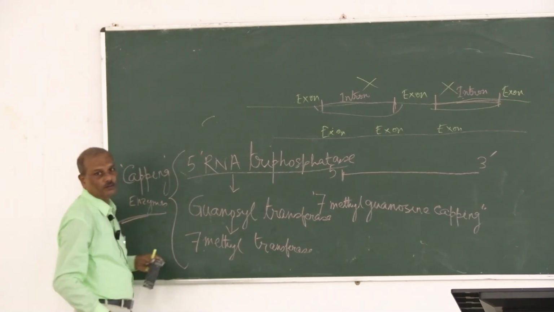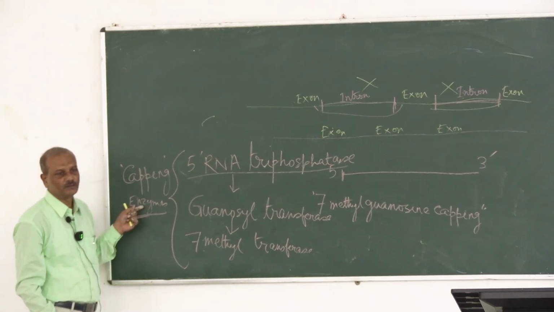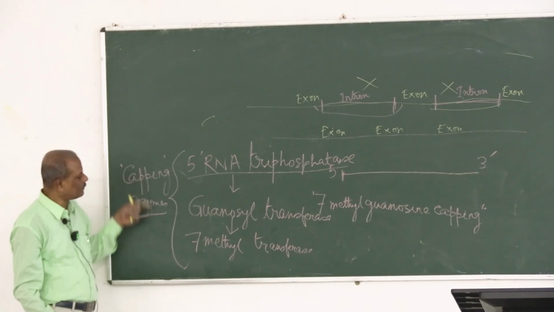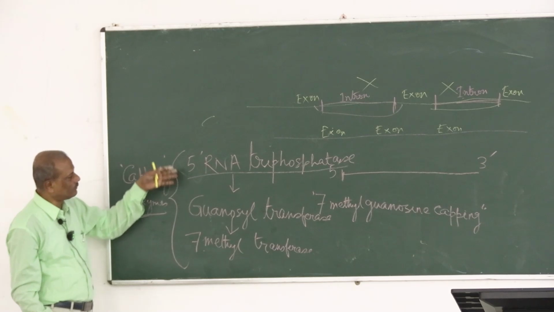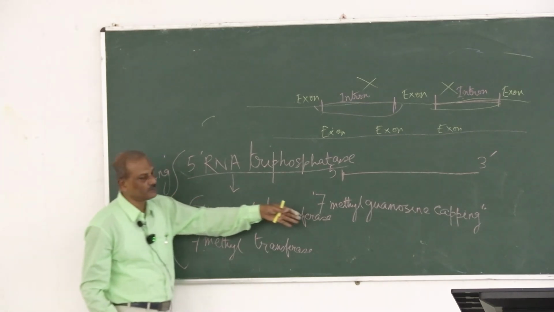The unique part of this capping enzyme is that it doesn't function optimally without RNA polymerase II. So when RNA polymerase II is there, all the 3 enzymes will be active, and with the help of all 3 capping enzymes, 7-methyl guanosine capping will be done.